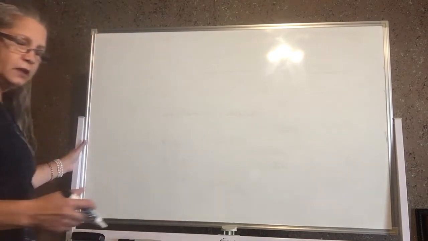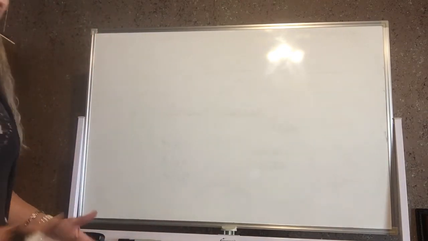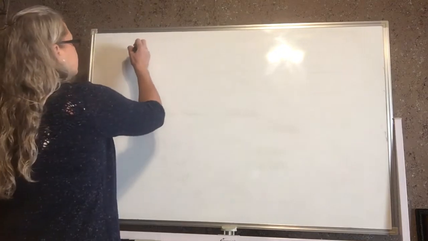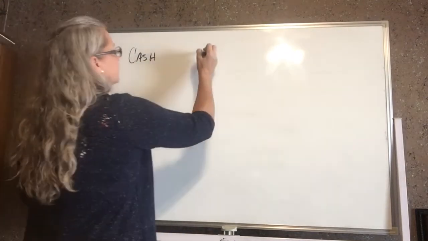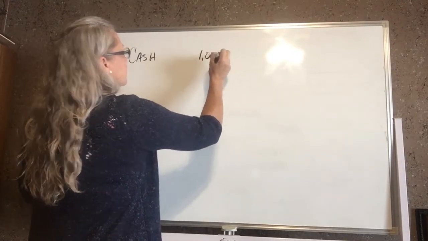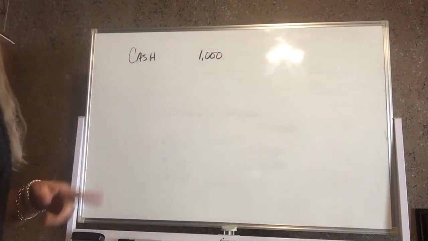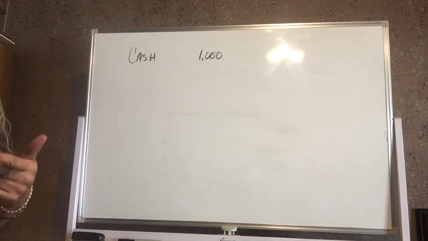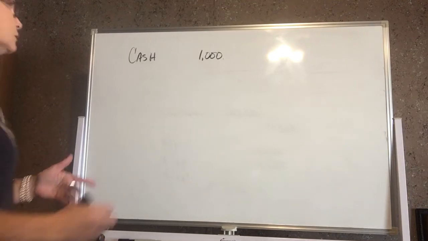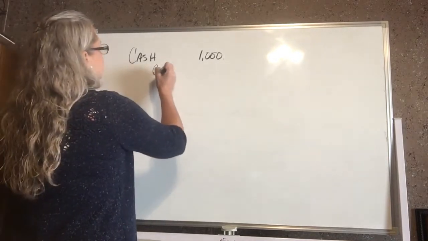The first one is, what did we get? Well, we as a corporation got cash. How much cash did we get? We got $1,000. What are we giving up for that? Well, we're giving up common stock. Remember, so far that is the only one you know about, so that's the only one you're going to use.